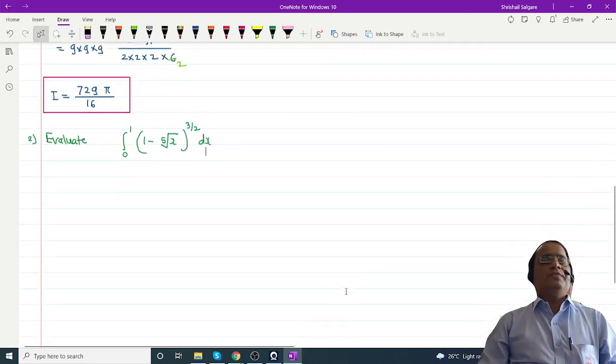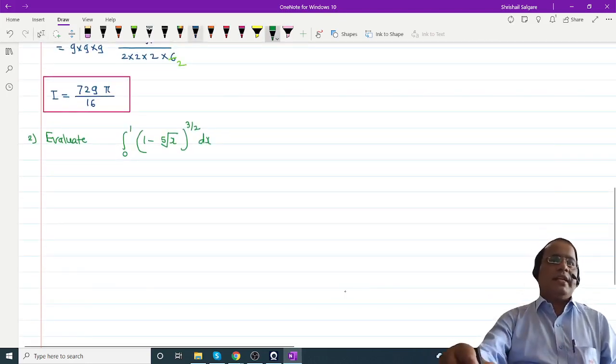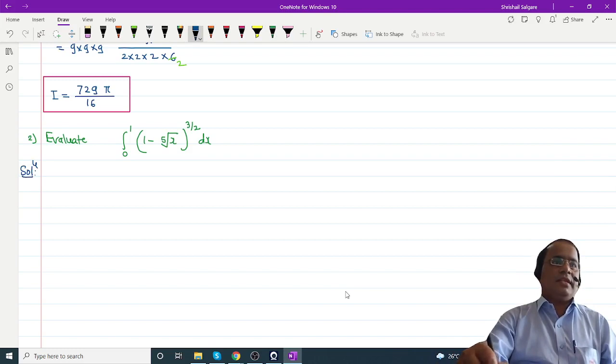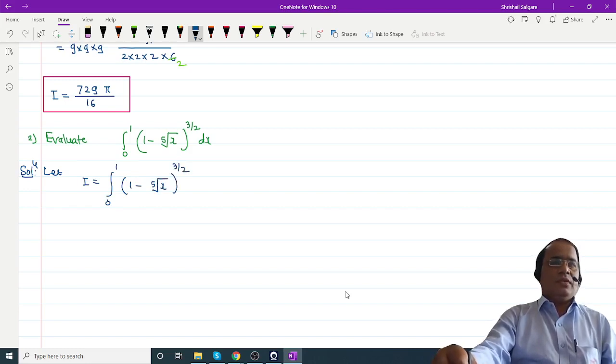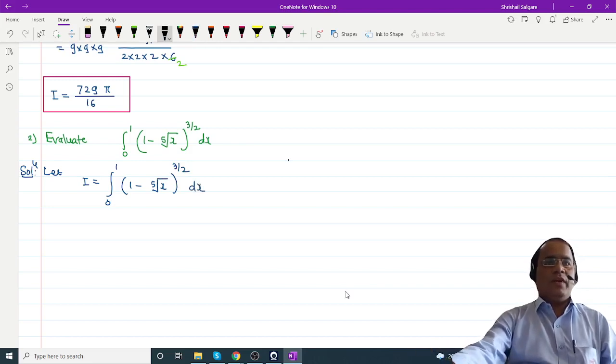So what I will do, in the first step I will call this integral I. So let I is equal to integral 0 to 1, 1 minus fifth root of x raised to 3 by 2 dx. So let me know what will be the substitution.